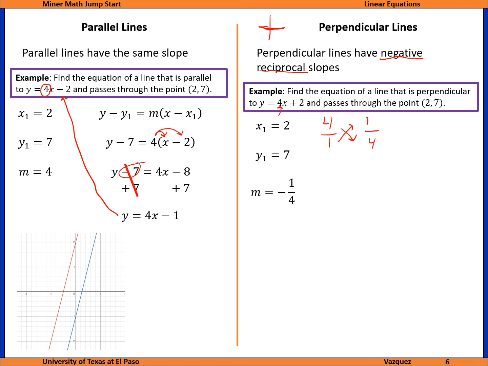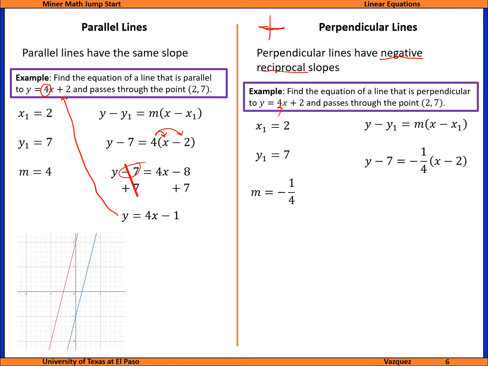That's what perpendicular lines have. So I'm going to erase this to make space. So we'll get y minus y1 equals m times x minus x1.